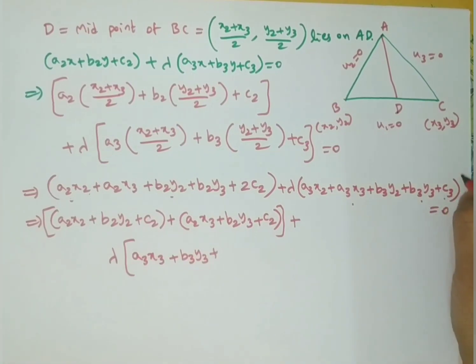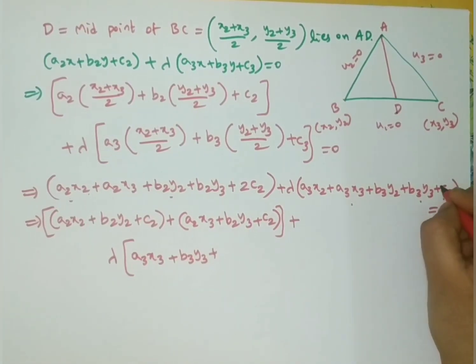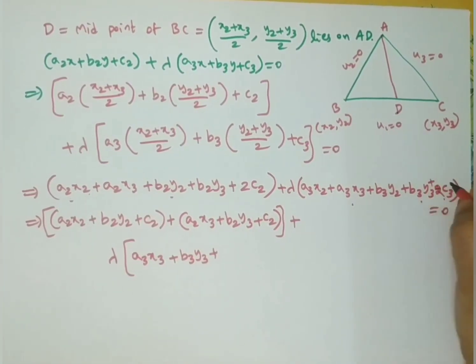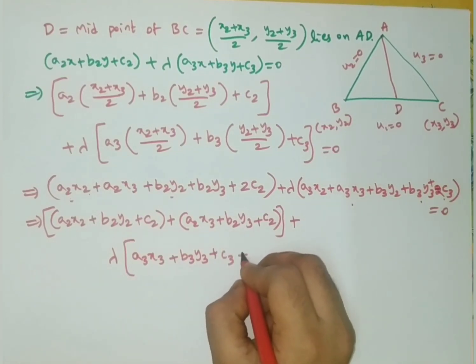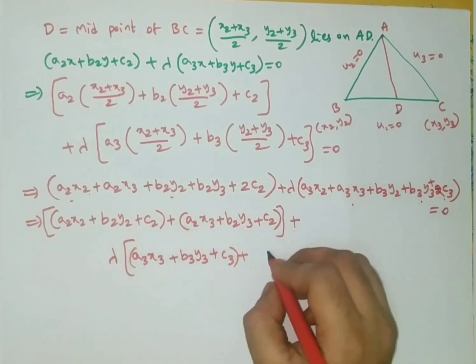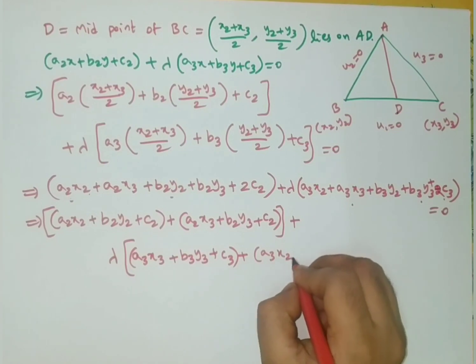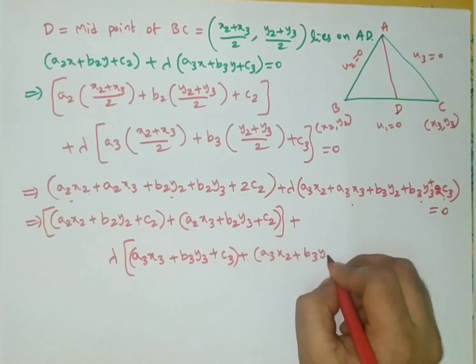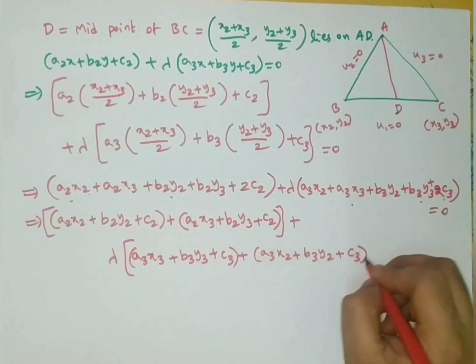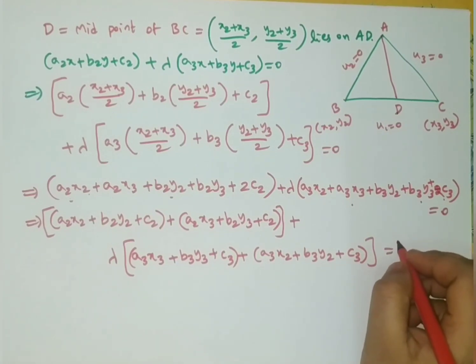Write down one c3. Here also you will get 2c3 plus 2c3. Write down one c3 here. And what are the remaining terms? a3 x2 plus b3 y2 plus another c3 is equal to 0.